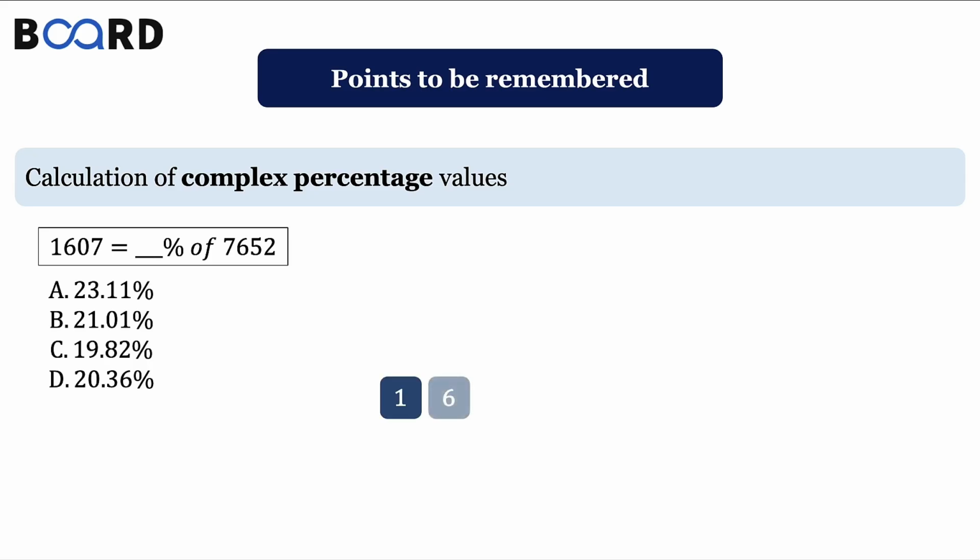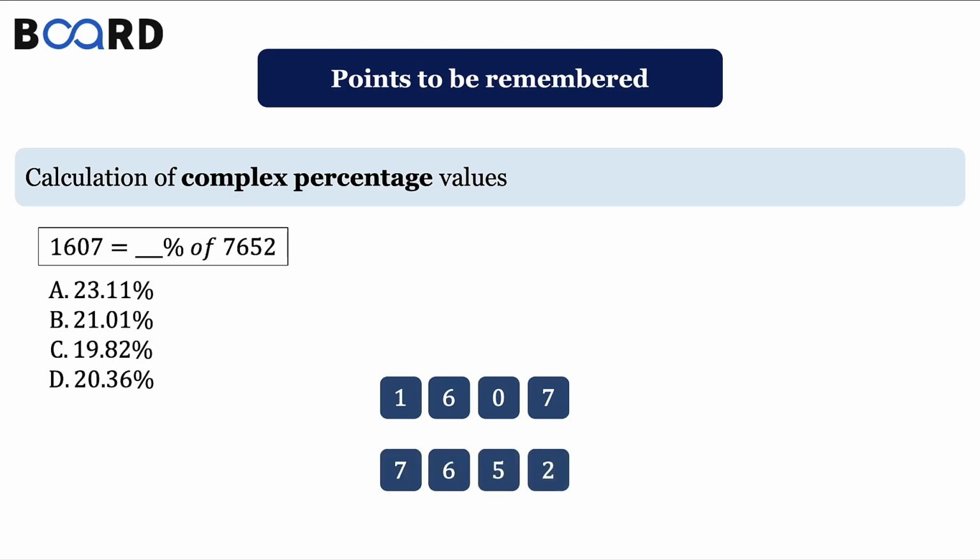Here in this case, we have to calculate 1607 makes what percentage of 7652. So we are dealing with the ratio 1607 upon 7652. Forget about into 100, right? We don't need the into 100 here. Into 100 will be applied only when the denominator is something with which 100 has something common that can be simplified.